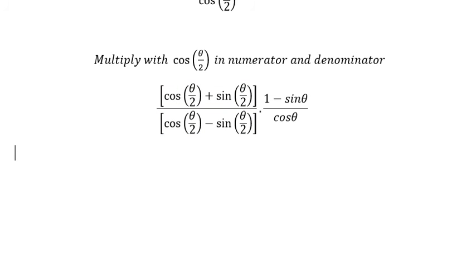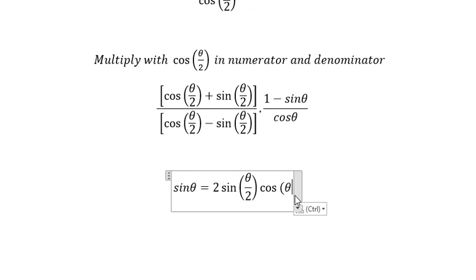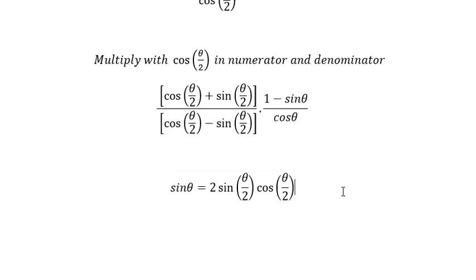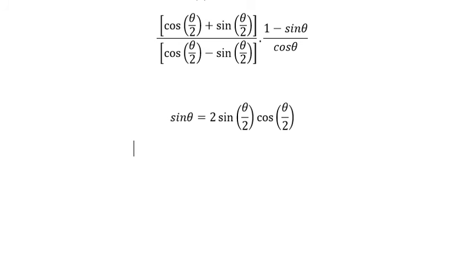The next one, we have sine theta equals 2 sine theta over 2 cosine theta over 2. So we have 1, that's equal to cosine theta over 2 to the power of 2 plus sine theta over 2 to the power of 2.